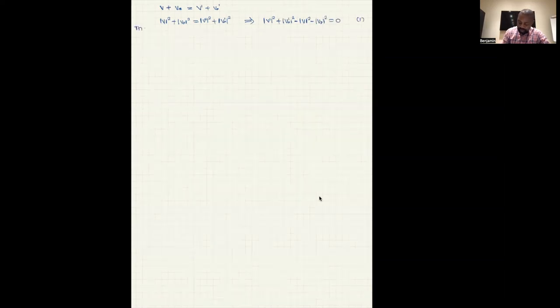These conservation laws impose 4 constraints on the 6 variables v prime and v star prime. Therefore, there are 2 degrees of freedom.